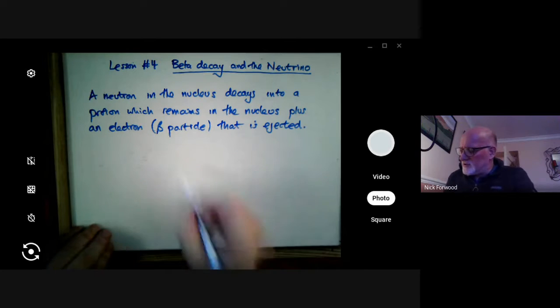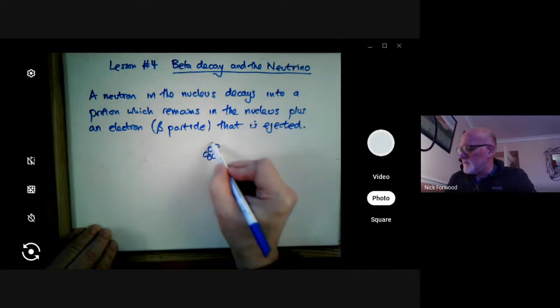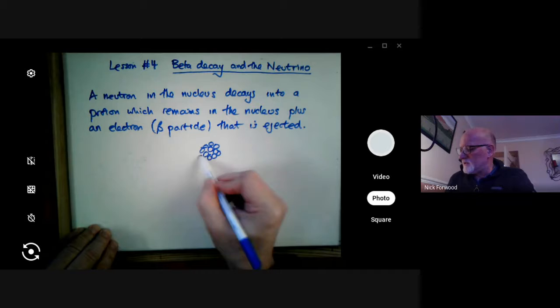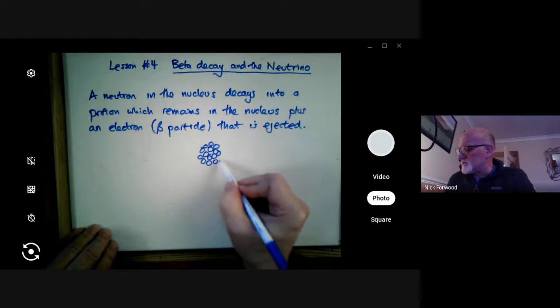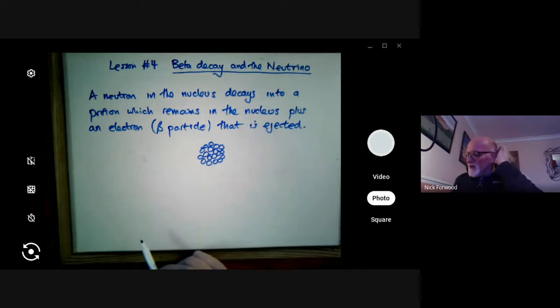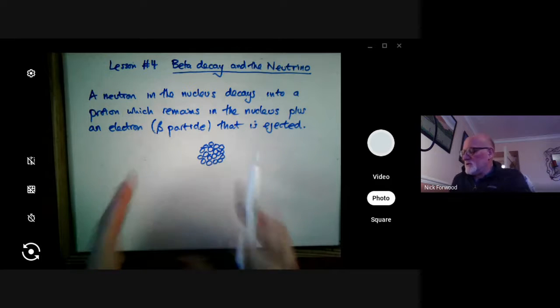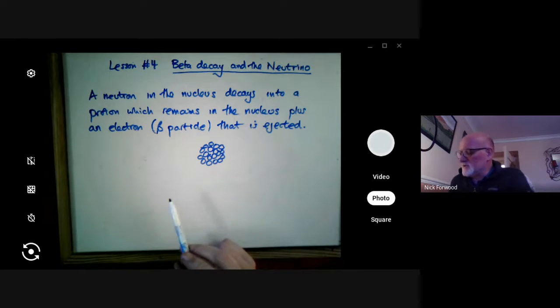So a picture of that might look like this. We've got a massive nucleus, and it needs to be massive because massive nuclei are quite unstable. They've got too many particles or too much energy, and a way of making themselves more stable is to get rid of particles. So a big nucleus like that of uranium, for instance, that's got hundreds of particles, will get rid of some of the particles.